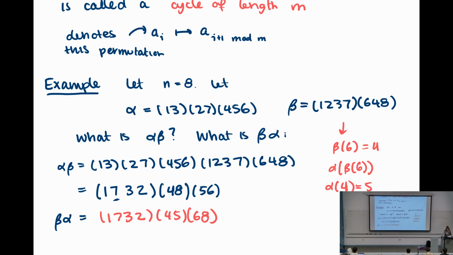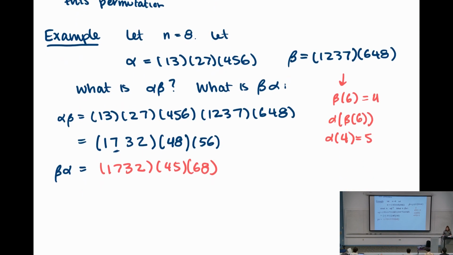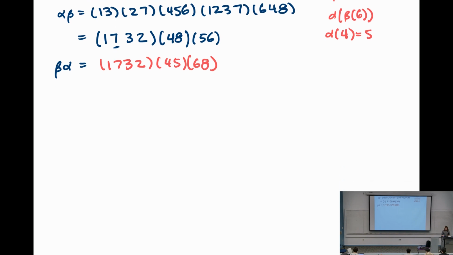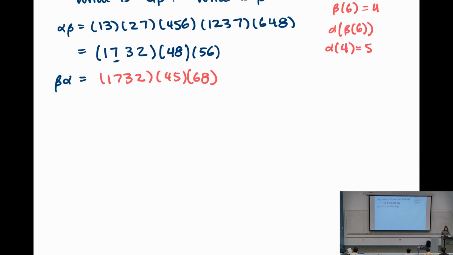So then let's prove a couple of first properties about permutations. The first thing is that we need to prove that this cycle notation actually works. So what I mean by that is the following. We'll have a theorem.